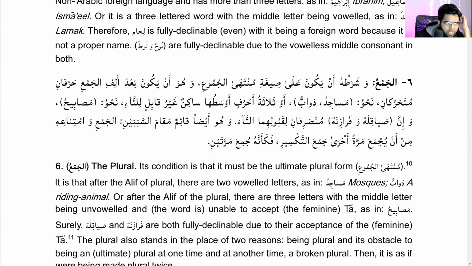Sayaqilatu is the plural of sayqala. So sayqala is singular, sayaqila is plural. So let's see sayqalun, what does it mean? Al-jam' sayaqil wa sayaqilatun. السيقل الصقال من يجلو السيوف.